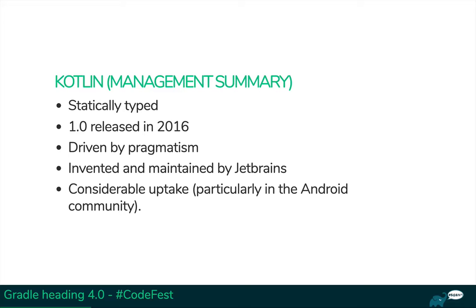It's driven by pragmatism, which is similar to what we liked about Groovy. It's invented and maintained by the JetBrains guys, and it has considerable uptake, especially in the Android community. And since Gradle is the default build system for Android apps, there's also a benefit here.